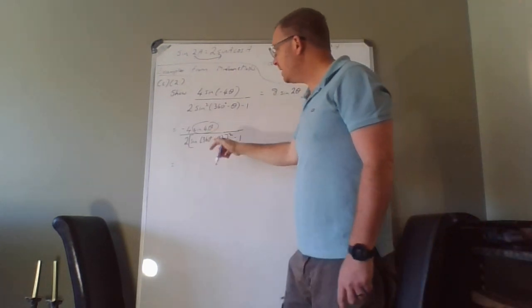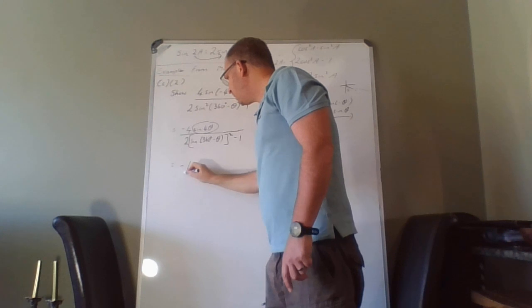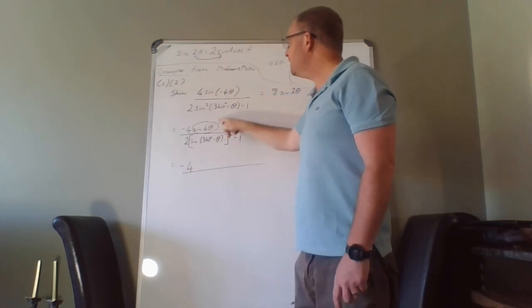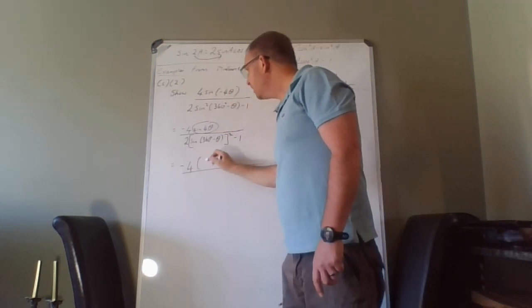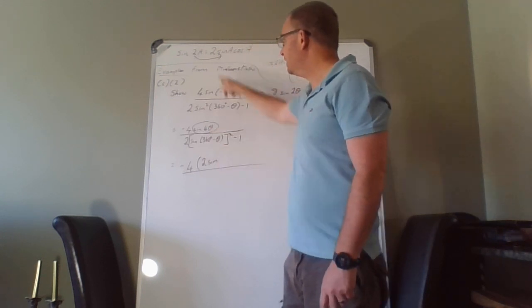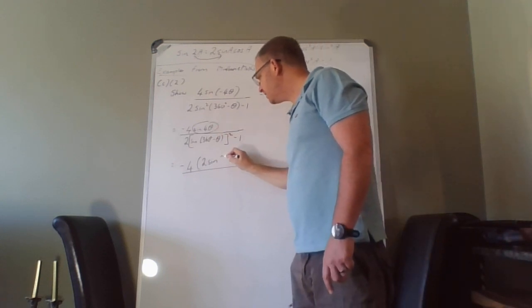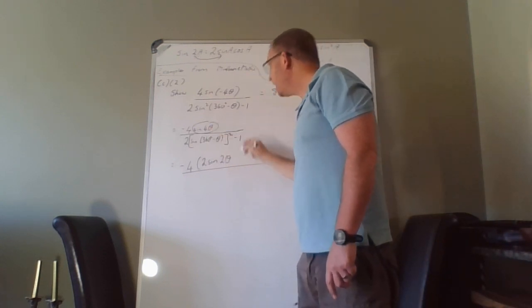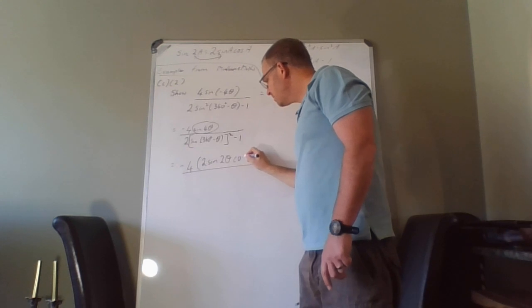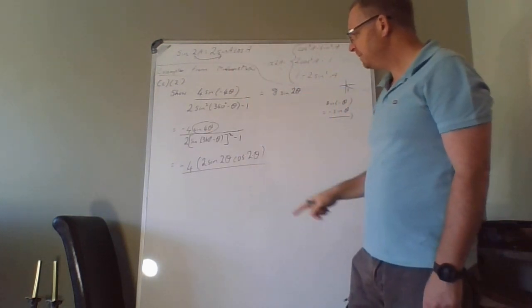So sine 4 theta, working using the formula from left to right, is going to be negative 4. Sine 4 theta, I'm going to write as 2 sine, well, what's half of 4 theta? Because the formula is saying half that angle. So 2 sine half of 4 theta is 2 theta, and then cos 2 theta. I hope that makes sense. You're working from left to right there.